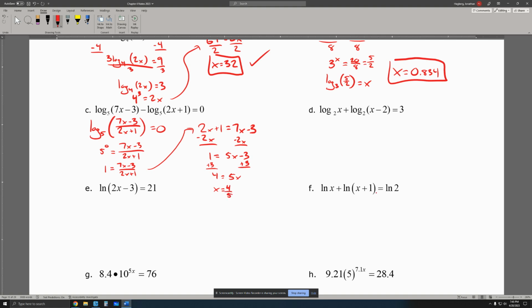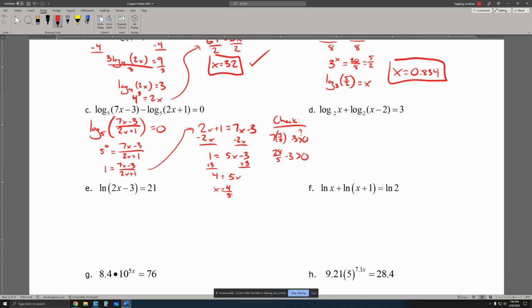Now we have to go back and check whether or not this is extraneous. If I plug in 4/5 here, is 7 times 4/5 and then minus 3 greater than 0? I'm actually going to write this step out because I can't see just visually looking at this. 7 times 4/5 is 28/5, and then minus 3 is greater than 0.